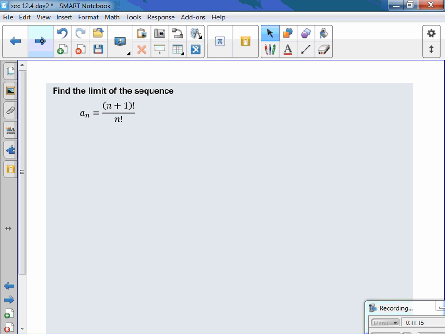Should I divide by the highest power in the denominator? Can I go ahead and compare powers? So as both Megan and Chris were saying, what can I do? What is n plus 1 factorial over n factorial? We had that on our last test. Factorial, I'm just multiplying all the integers all the way down to 1.